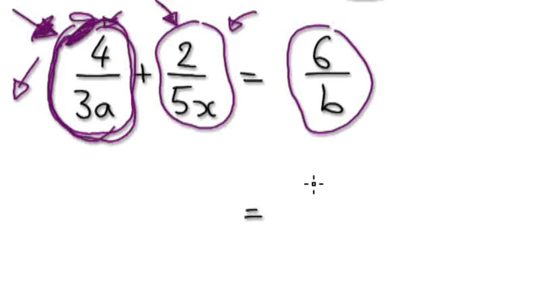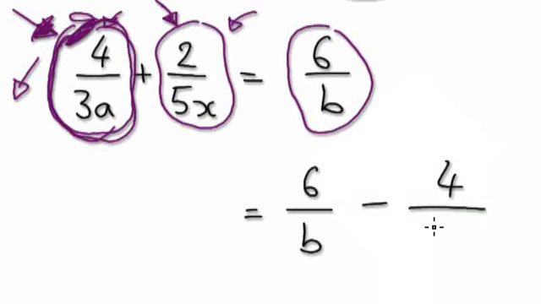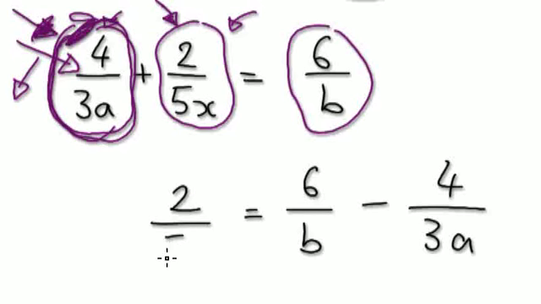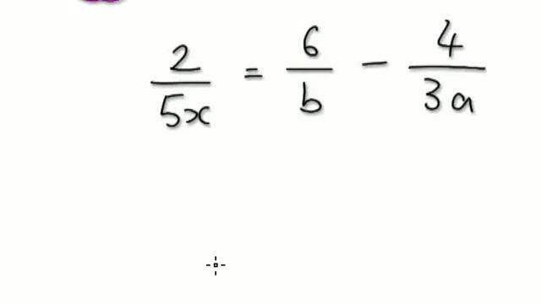Let's take this bubble down here, the one on the right. Let's take that down. And then take away 4 over 3a, because we are taking away this bubble here. And on the left hand side it will be 2 over 5x. 2 over 5x. Again, keep an eye on X.